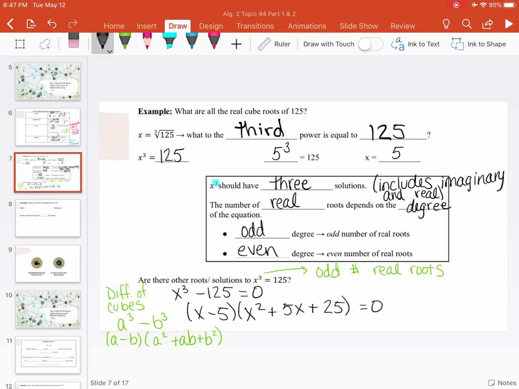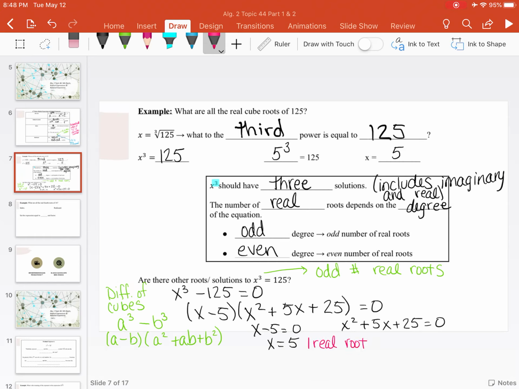Now we can use the zero product property to find out the values of x. So we know that x minus 5 is going to equal 0, and x squared plus 5x plus 25 will equal 0. With our first factor, if x minus 5 equals 0, we know that x equals 5. This is one real root.